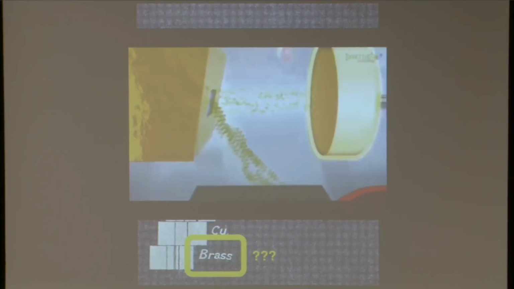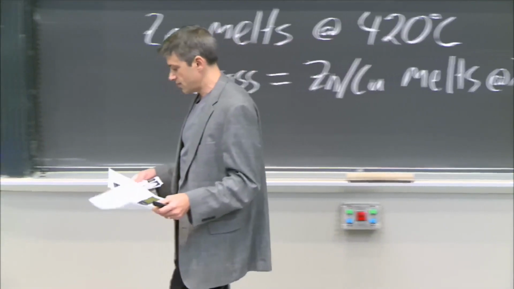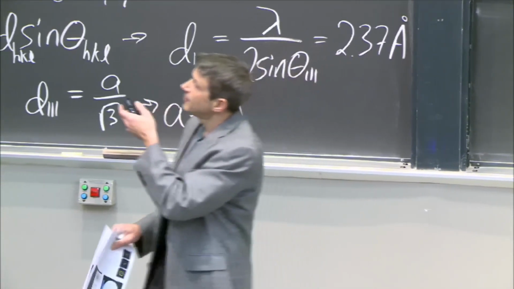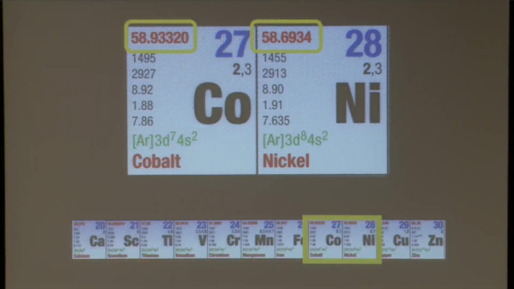All right. Okay, good. All right, now, I'm very excited about Moseley. It allowed us to actually understand this, not just because, look at this. Mendeleev was like, you know what? Cobalt and nickel can't be swapped.